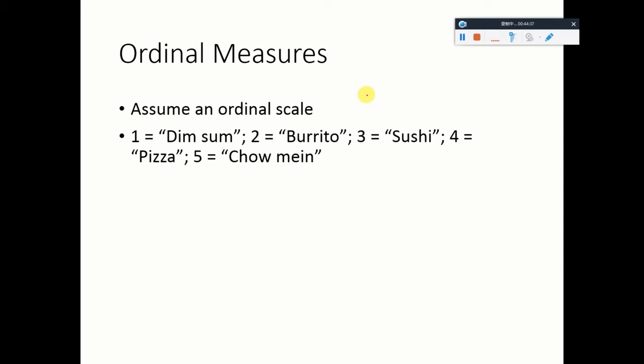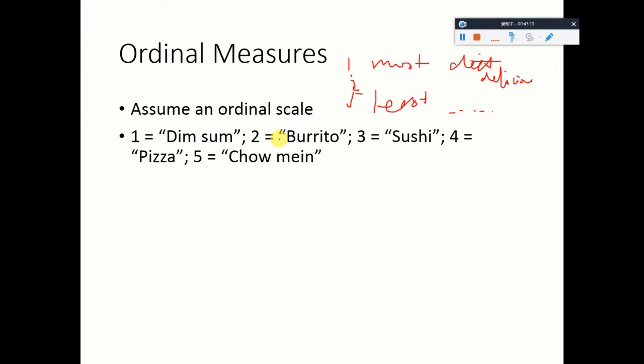We assume that 1 is most delicious, and 5 is least delicious. Of course, we have 2, 3, 4 in between, and we assume that these 5 numbers, 1, 2, 3, 4, 5, constitute an ordinal scale.